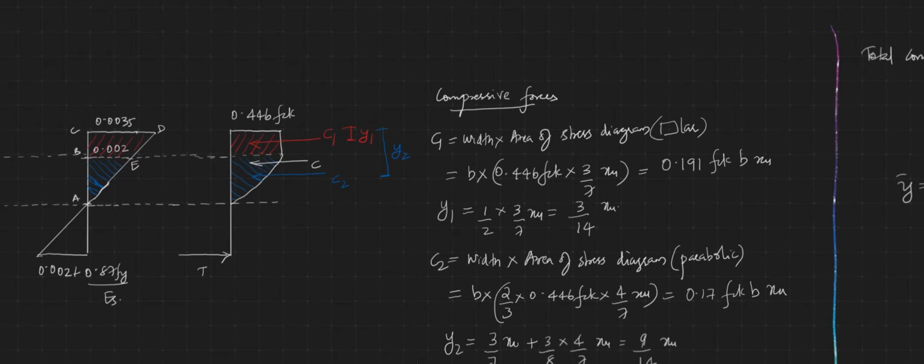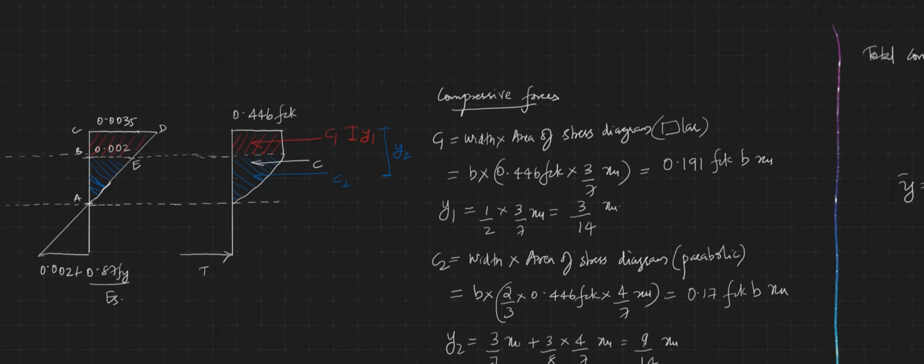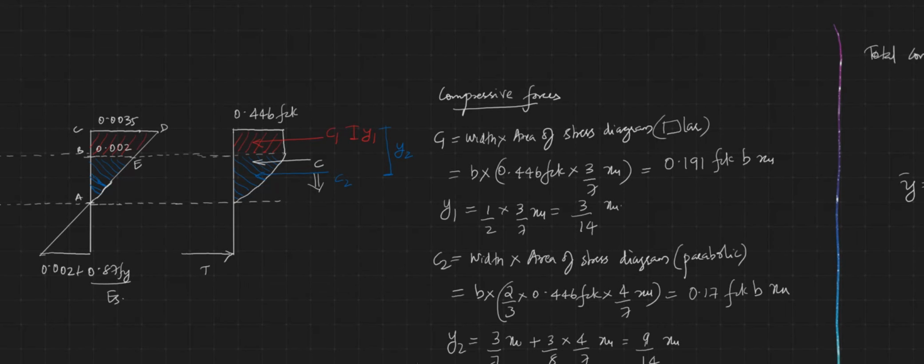That is, I could write here this C is equal to 0.36 fck b Xu acting at 0.42 Xu from the top compression fiber.